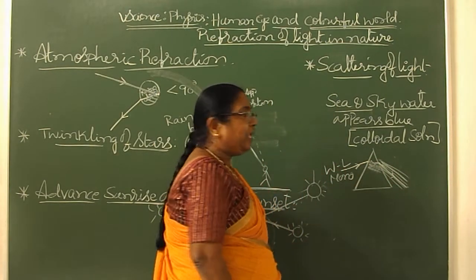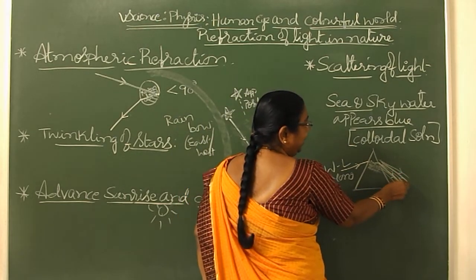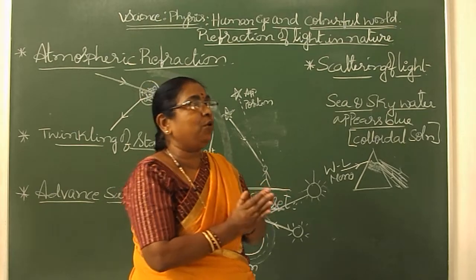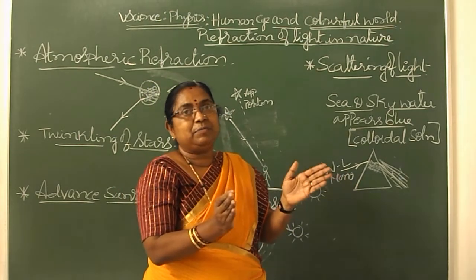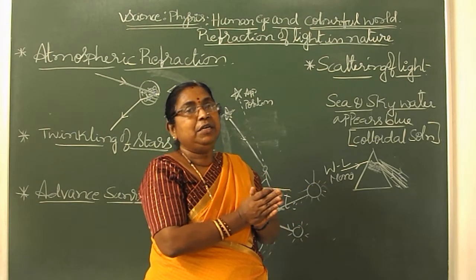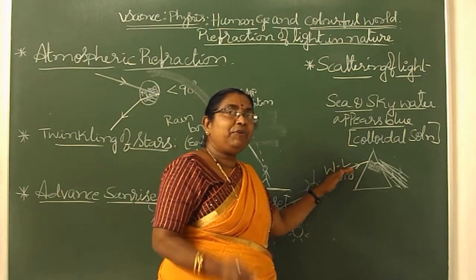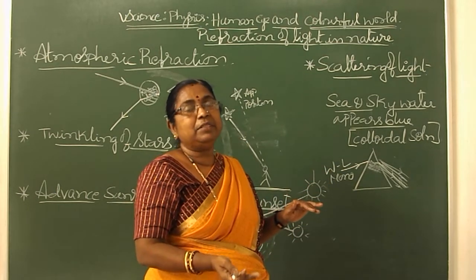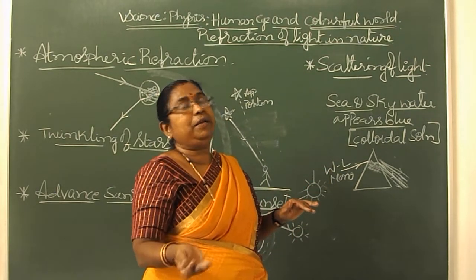It means that when light rays move through different densities, they scatter. Scatter means they separate. They separate depending upon the refractive index. So each color of white light has its own scattering, that is, its own refractive index.